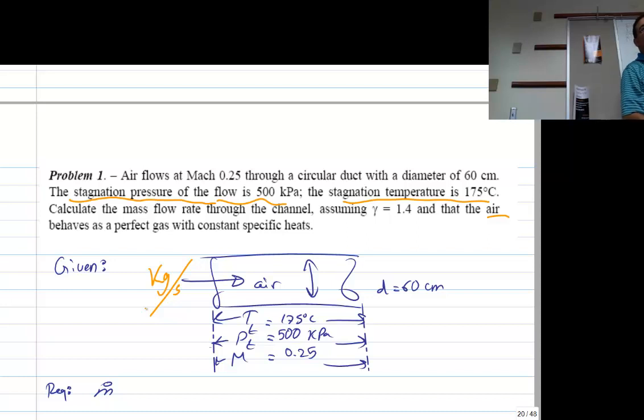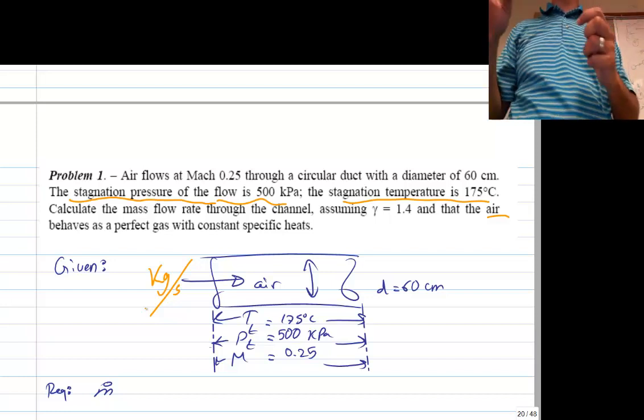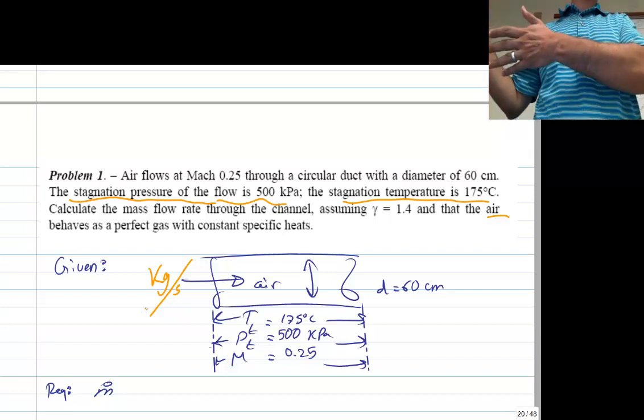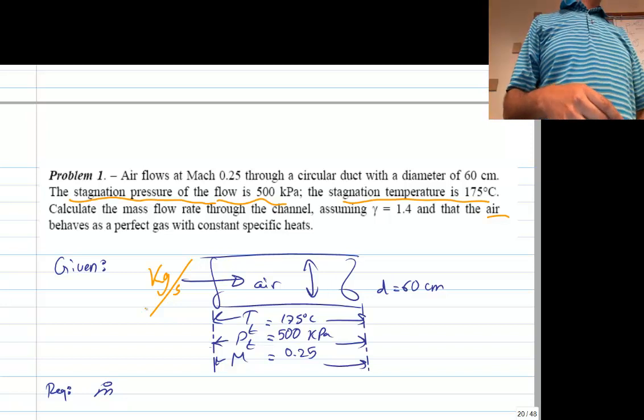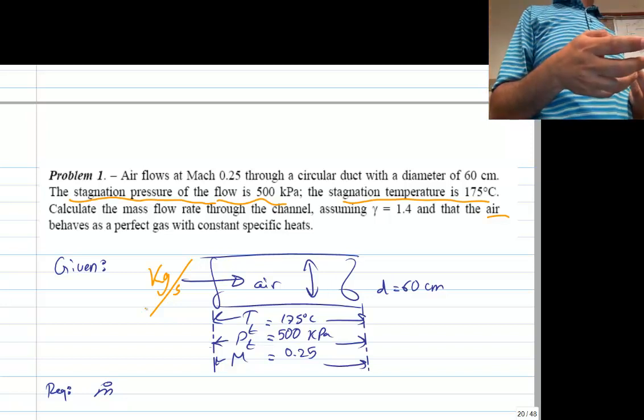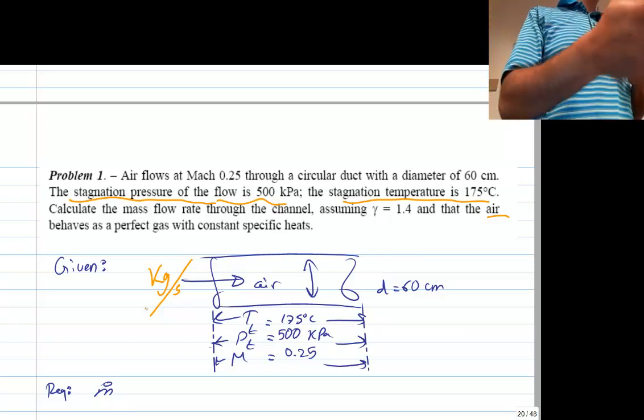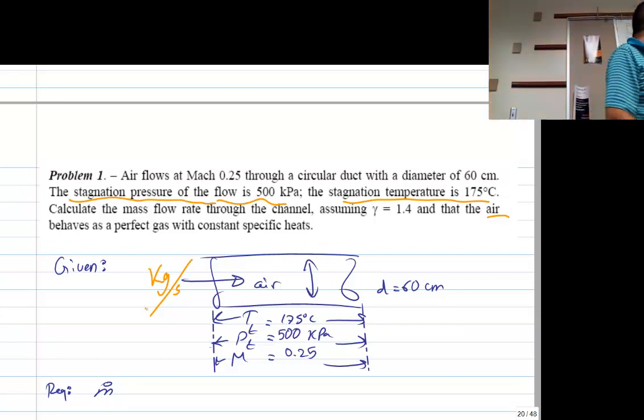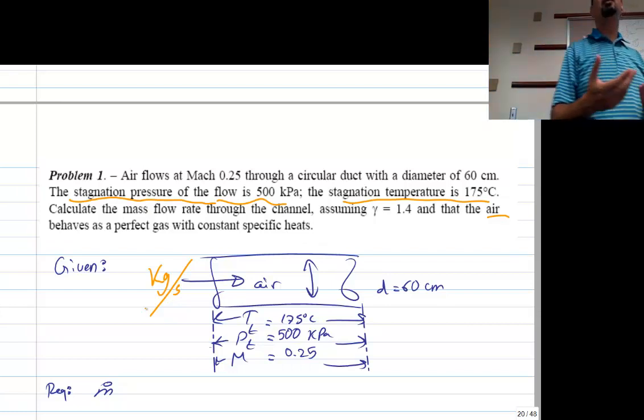So actually, the magic number, if there is a magic number, for fluid flow is Mach number 0.3. When the Mach number is 0.3, the flow is almost incompressible because they don't see that much change.